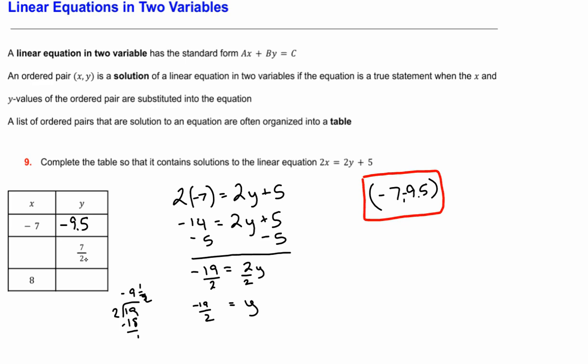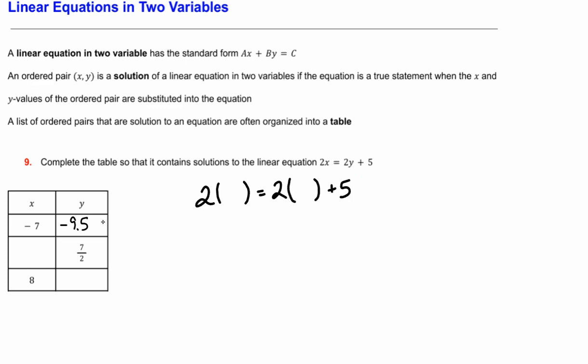Let's try it with this one. Notice this time in the other part of the table, we'll take the 7/2 and put it in for y. And again, I know some people don't like fractions. If you want to change that to 3.5, you can. But this is a nice easy one. 2 times 7/2, 2 times 7 is 14, divided by 2 is 7.